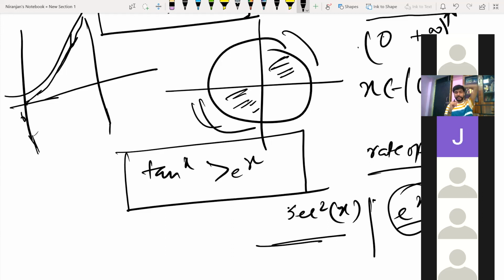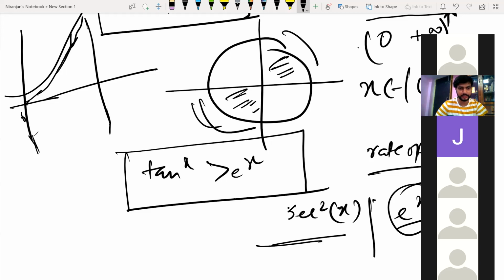Let me repeat that, if your x is positive, what can you say about this inequality, given that I have mentioned the rate of change? Response, guys. What can you comment on the inequality?